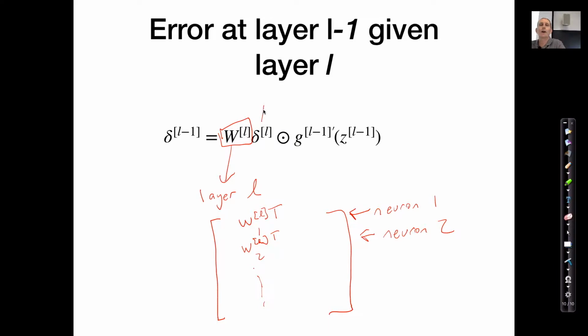And then here are our activations for the previous layer. What's this operation? Yeah, this was an element-wise multiply.